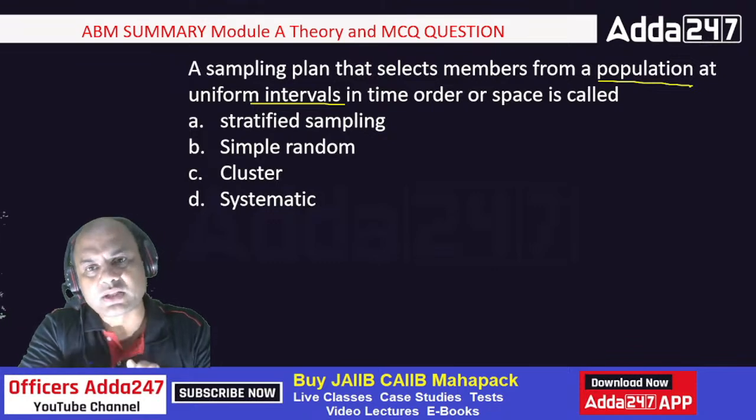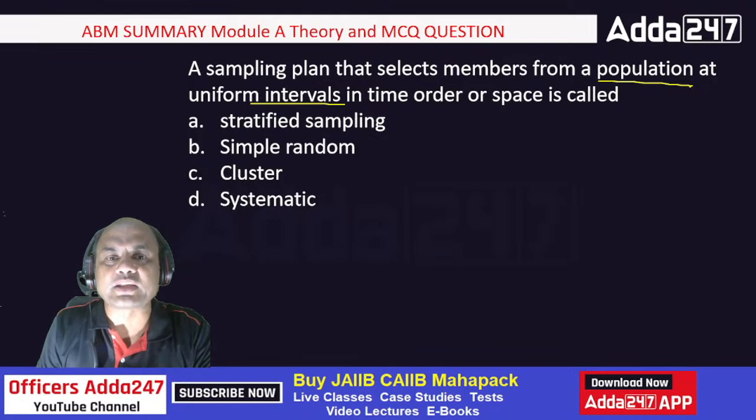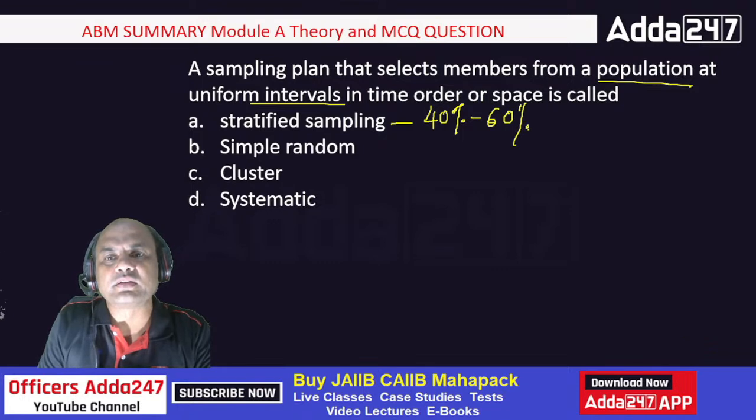So which is this called? The problem here is that you have to classify them as per the characteristic. Stratified means, suppose I distribute the students in terms of marks, let's say 40% to 60%, one group, then 61% to 80%, another group.